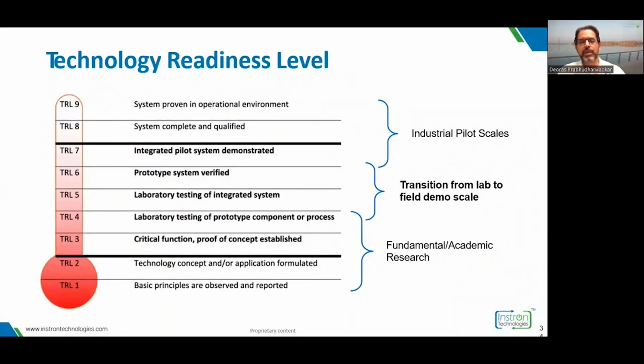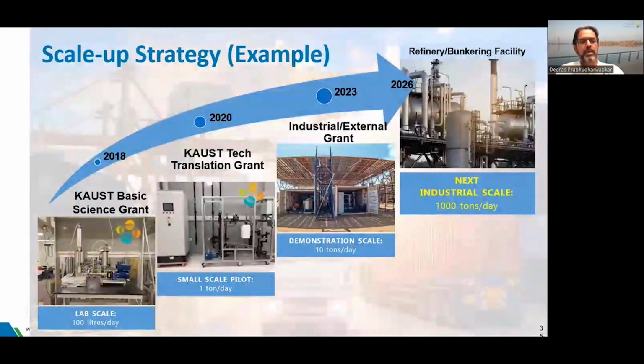You want to make sure that it's commercially viable, right? So that is where you would also get the opportunity to understand what your entire system looks like with all your auxiliaries, the installation costs, and so on and so forth. And that gives you an idea of understanding and scaling up your model for techno-economics and validating them, right? So if we move on to the next one, here is an example.